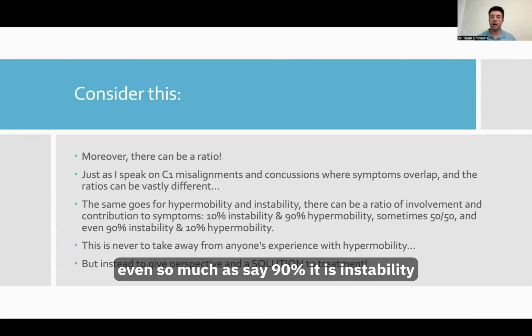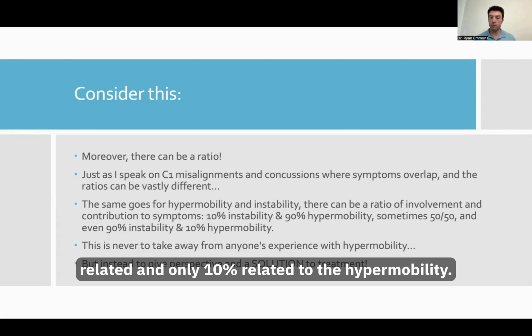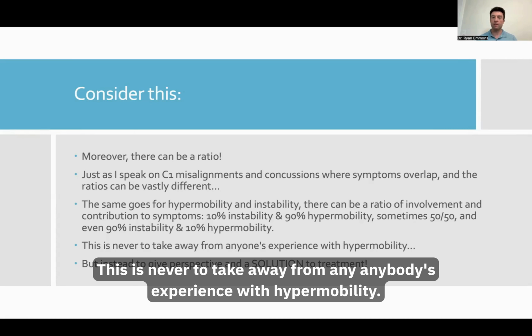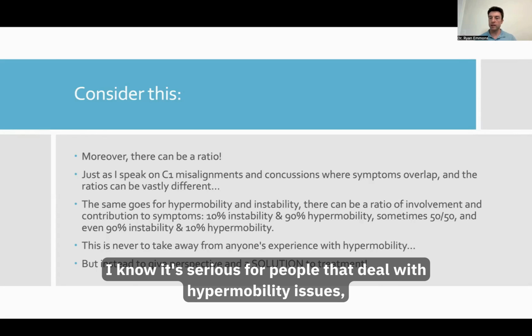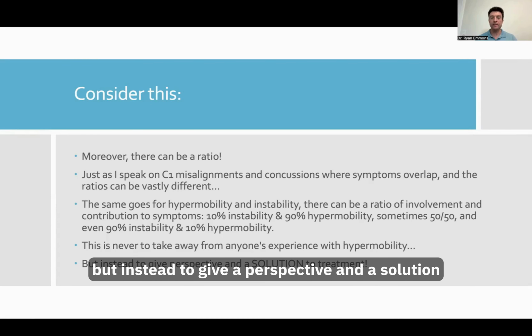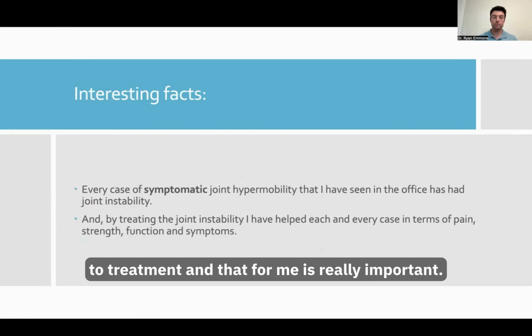And even so much as, say, 90% it is instability related and only 10% related to the hypermobility. This is never to take away from anybody's experience with hypermobility. I know it's serious for people that deal with hypermobility issues, but instead to give a perspective and a solution to treatment. And that, for me, is really important.